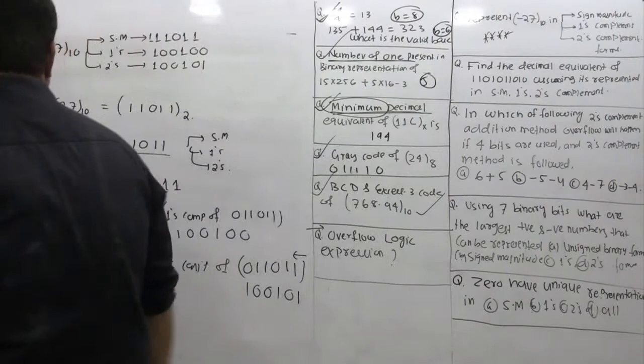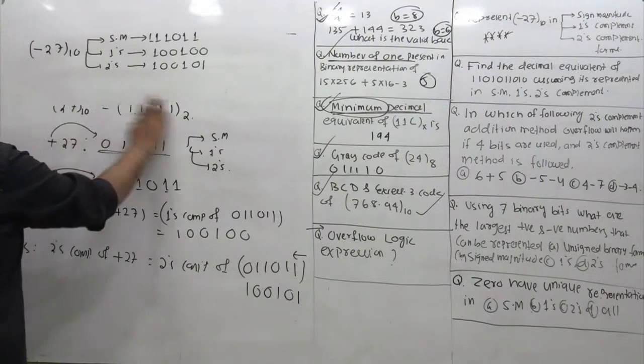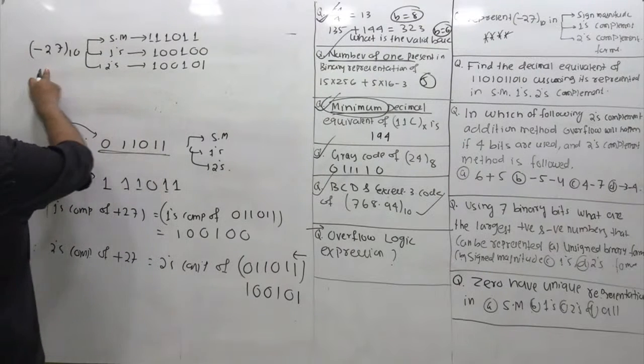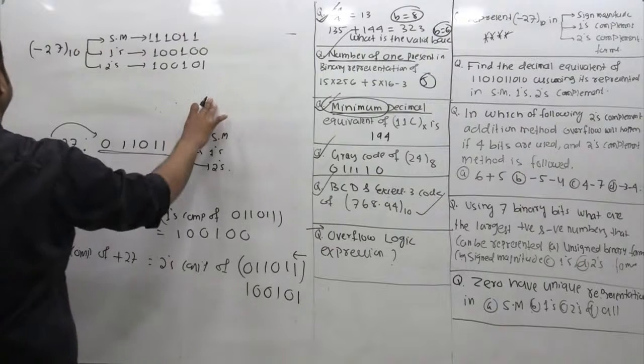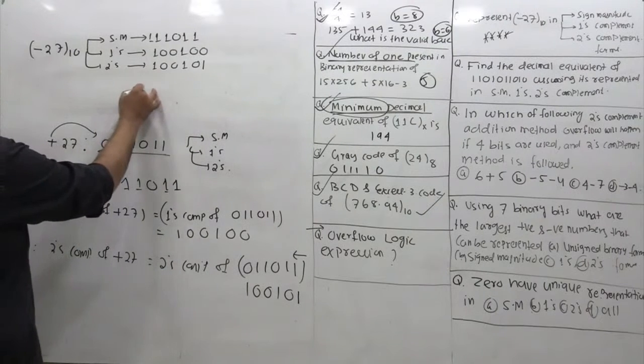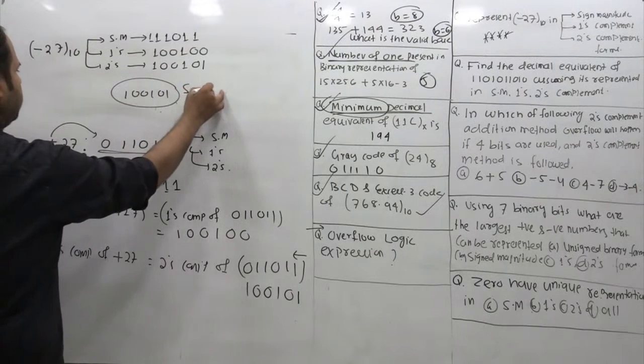Now one thing you notice in this case, for plus 27 the answer in all three cases will be the same, but for minus 27 all these answers are different. Suppose somebody gives you 100101, in signed representations, not signed number.